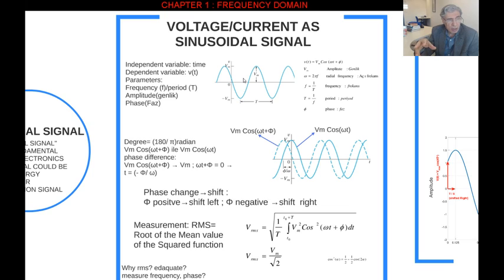For this sinusoidal function, the average of this signal gives you 0. So what we do is take the square of this function. When you take the square of it, that minus becomes plus, and this plus becomes the square of it, so the function becomes a positive function.